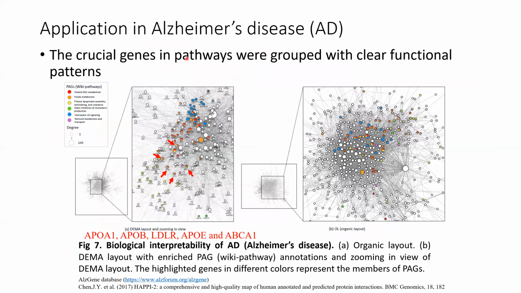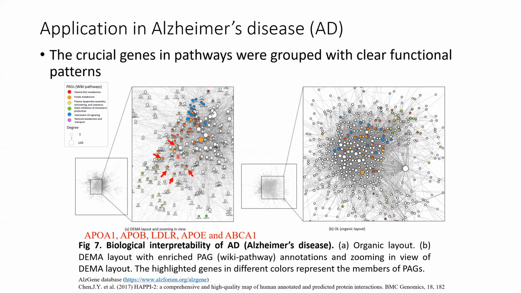In the Alzheimer's disease application, we want to highlight genes that are involved in multiple pathways and make the pattern clear. The input is 680 candidate genes in view of the genetic risk collected from the ALZ gene database listed below.